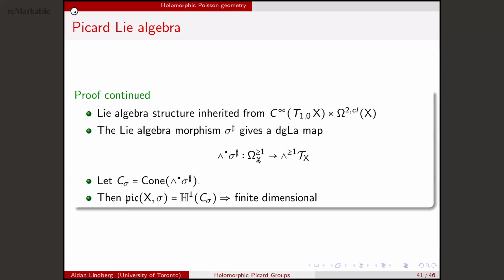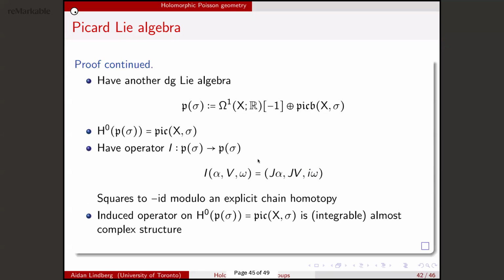Okay, the last thing is the complex structure. This is a decent amount more involved, but basically, on this Pic B thing, together with the one forms, you can define what is called a homotopy complex structure. It's not actually a complex structure. It doesn't square to minus the identity, but it squares to minus the identity up to some prescribed chain homotopy.